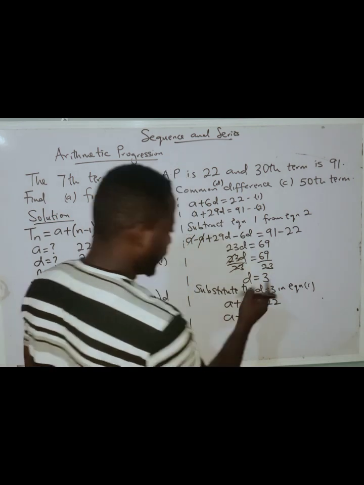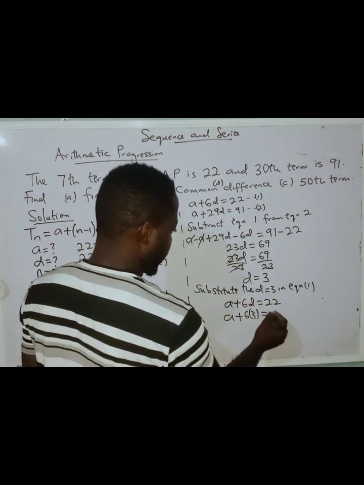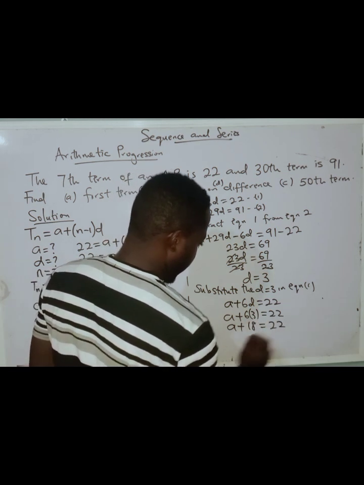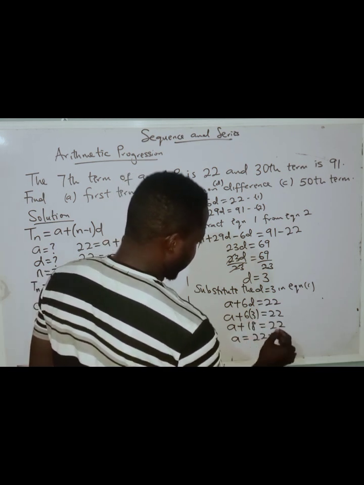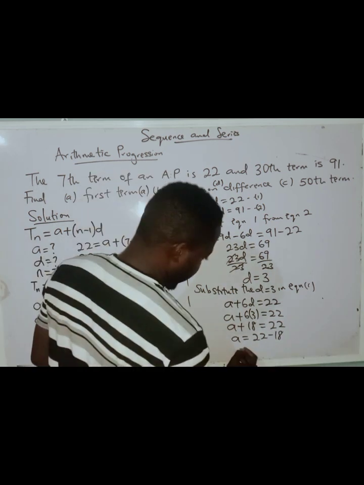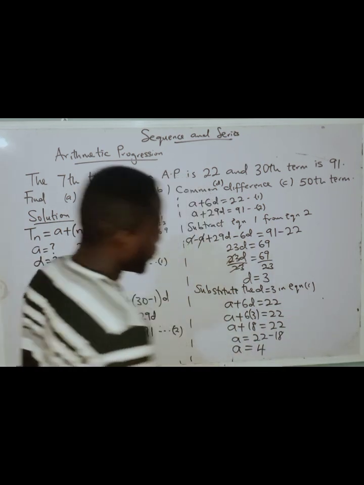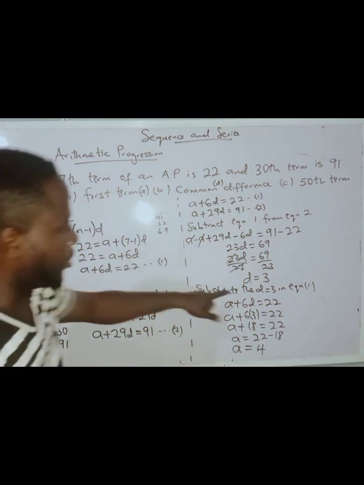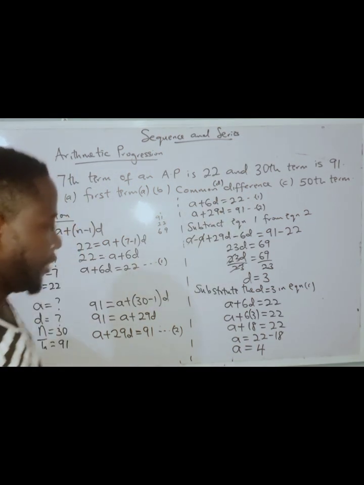A plus, what's the value of d? 3. That's 6 times 3 equals 22. A plus 18 equals 22. So A will be equal to 22 minus 18, and our final answer will be A equals 4. So the first term is 4, and the common difference is what? 3. Right, that's very good.